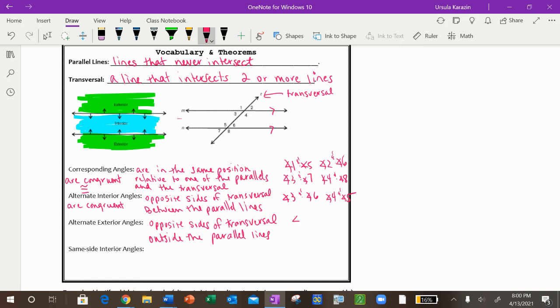So angle 1 is outside and it's on the left. So angle 8 is the one on the right. And then do that again. Angle 2 is on the outside on the right. Angle 7 is on the outside on the left.